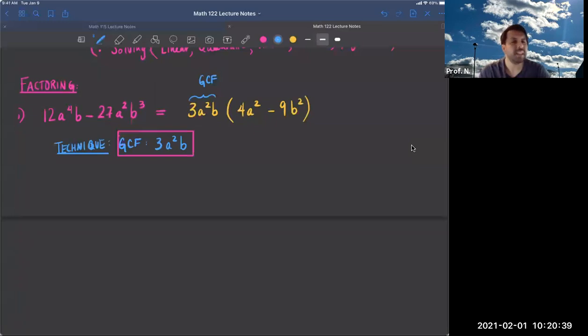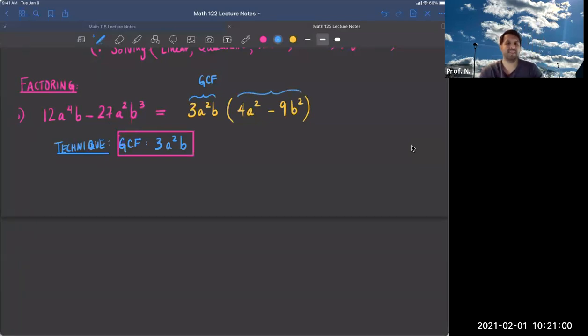But did I completely factor this? In other words, can I factor this once more? Is there more to factor? And there is. What kind of binomial is this here?